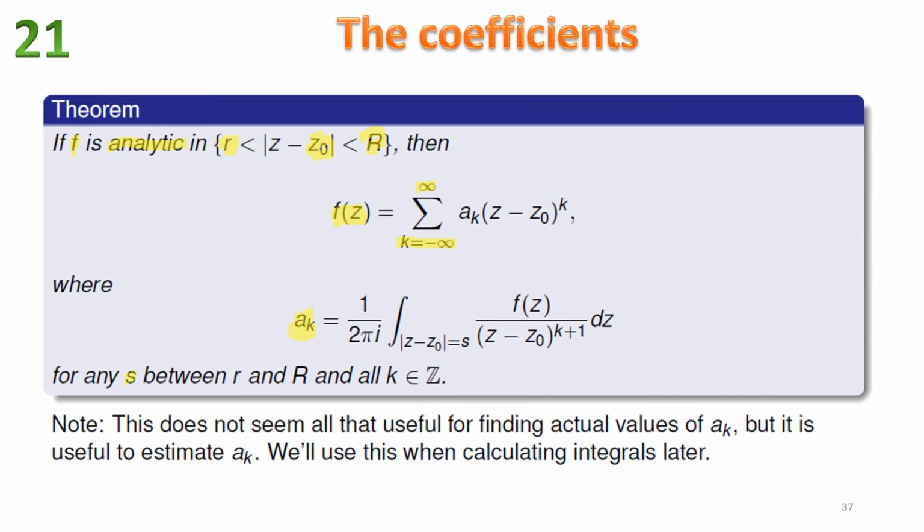For any s, we are considering a circle of radius s which is greater than r and smaller than capital R, for all k.